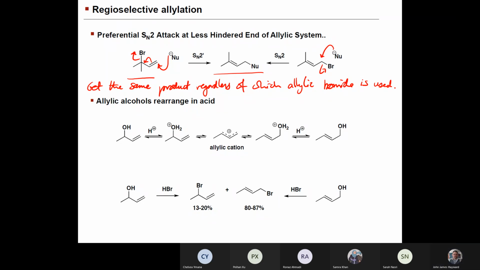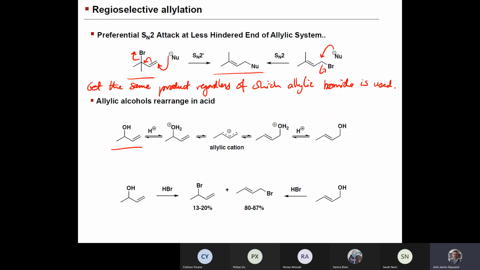Now, if you have an allylic alcohol like this, and you could make that easy enough by adding vinyl magnesium bromide to acetaldehyde, for example, these products are actually unstable in acid, okay? Because acid allows us to do a kind of SN1 reaction.